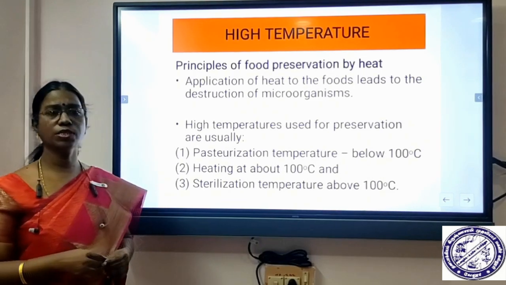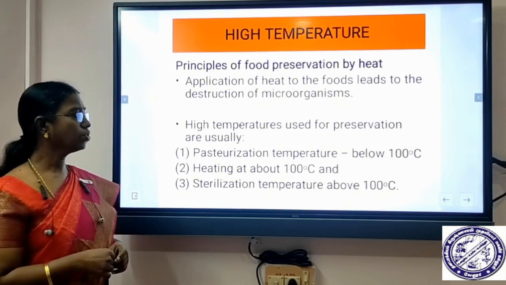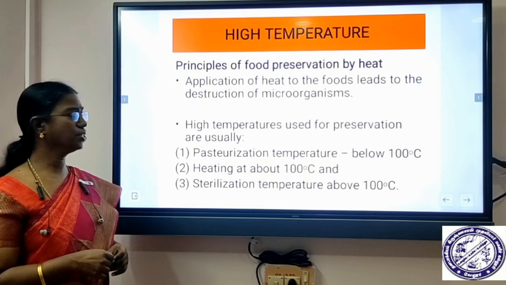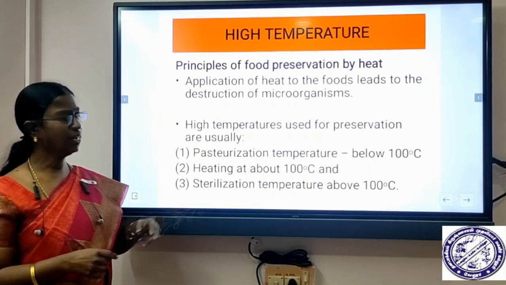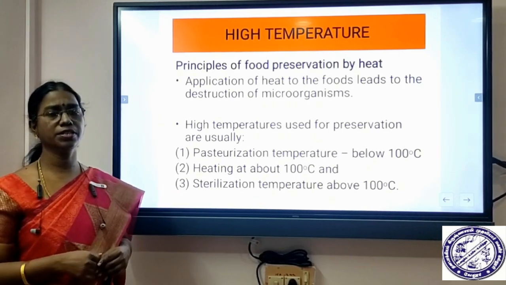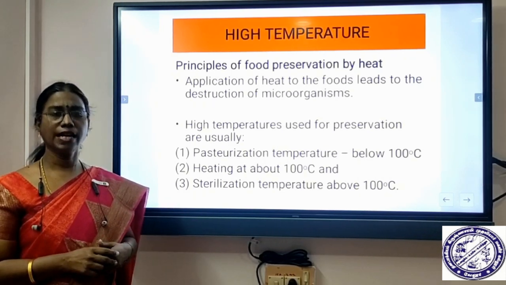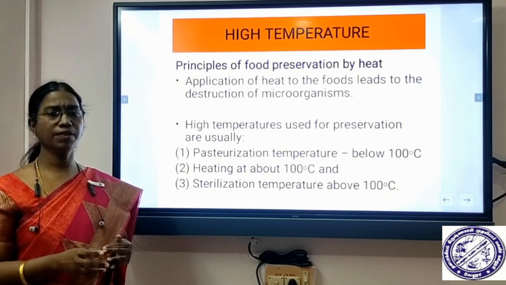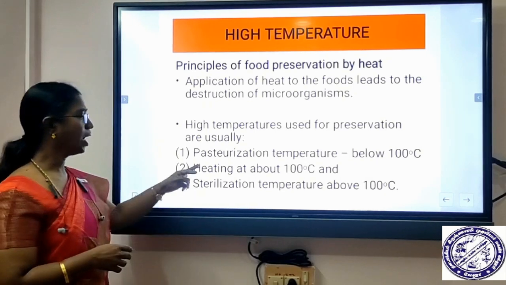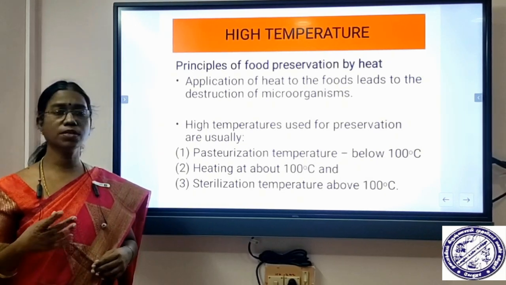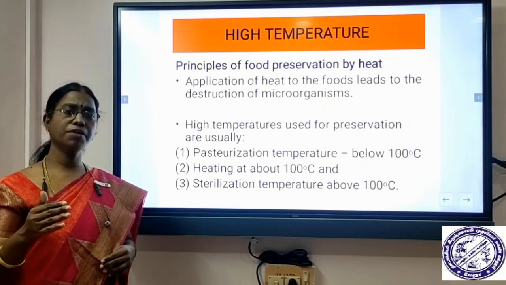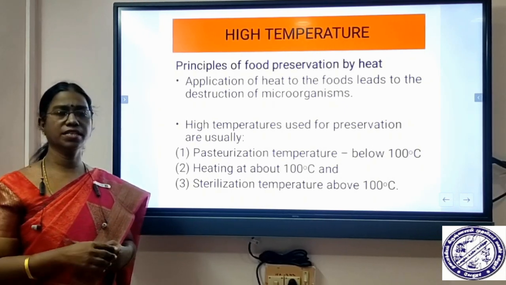This method was introduced by Louis Pasteur. So the name was given as pasteurization. Here a mild heat treatment, that is below 100 degrees Celsius, is used. Mostly this method of preservation is carried out for preserving milk, beverages, etc. And then heating at about 100 degrees, meaning reaching 100 degrees Celsius.